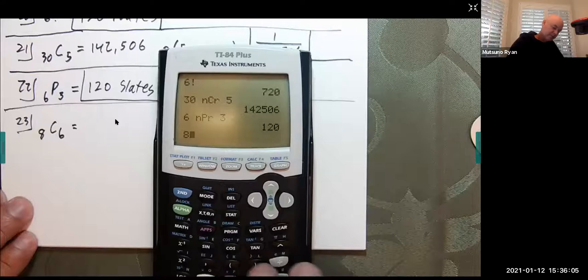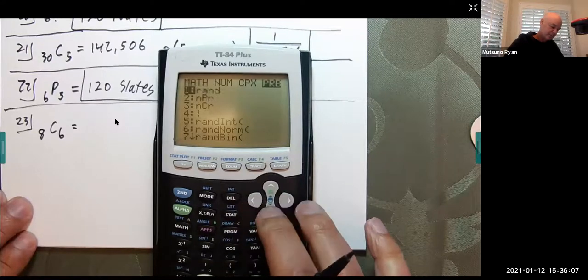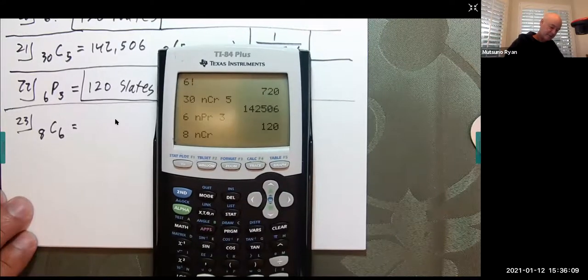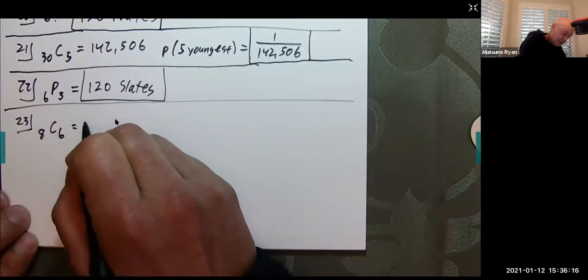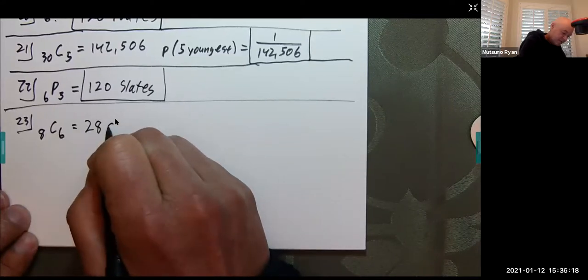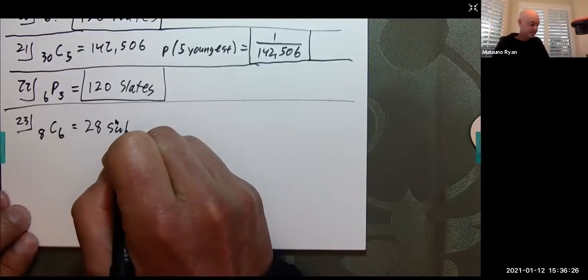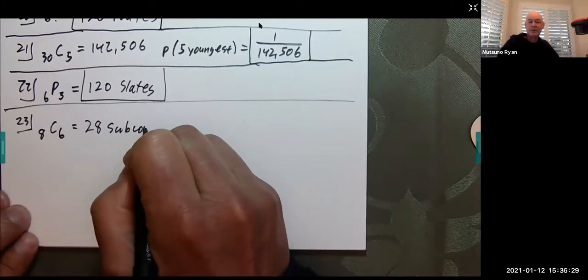That's 28. 28 possible subcommittees. All right, thank you very much.